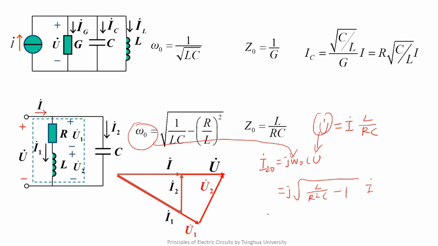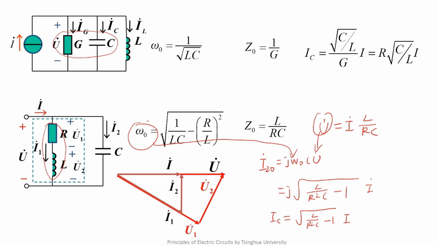So the effective value of the capacitor's current in resonance is this. We need to point out that G is a parasitic parameter of the capacitor in GCL parallel resonance, and R is a parasitic parameter of the inductor here.